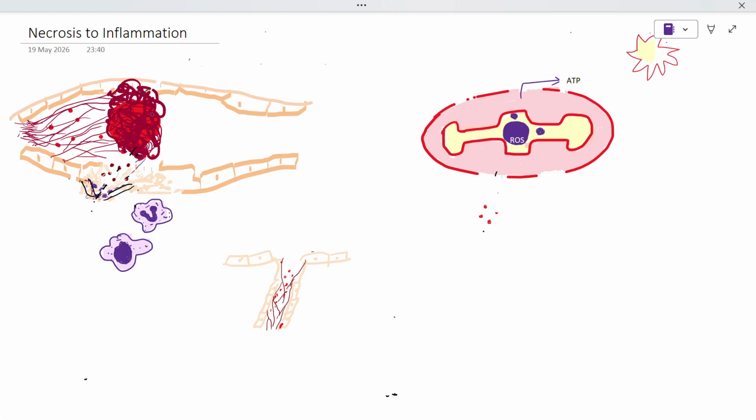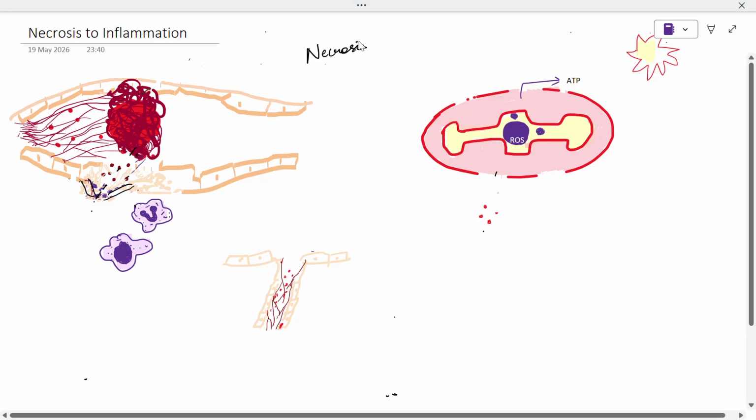So, in our previous class, you must have recalled that we studied necrosis and how the cell adapts to it, mostly the mitochondrial component of the cell.